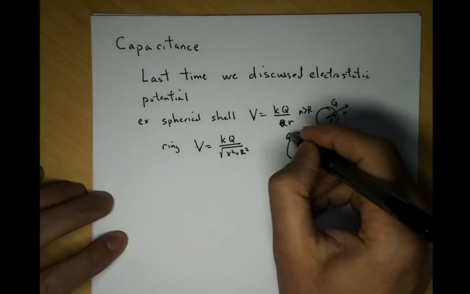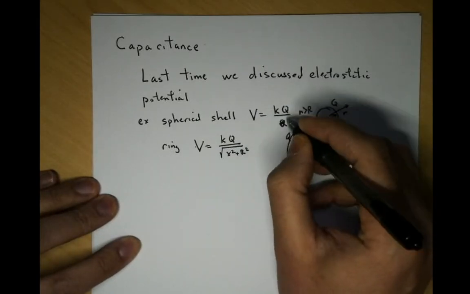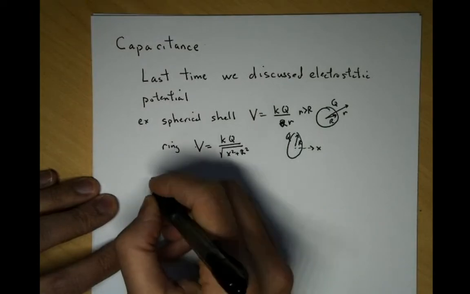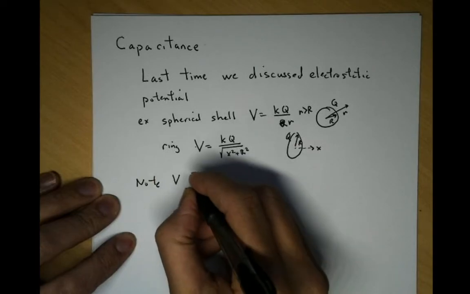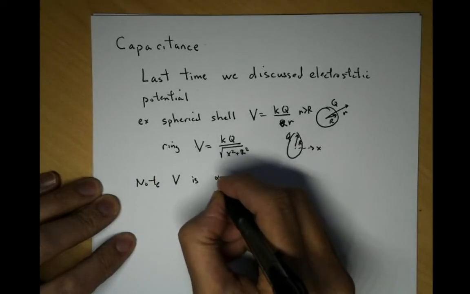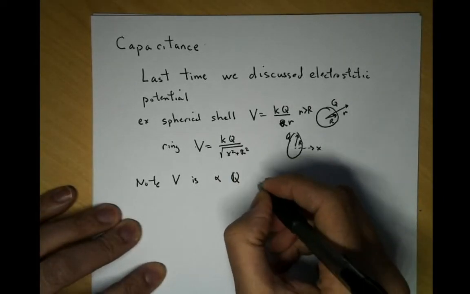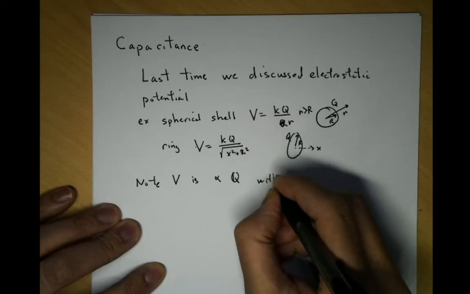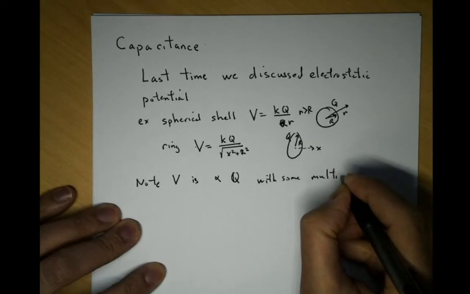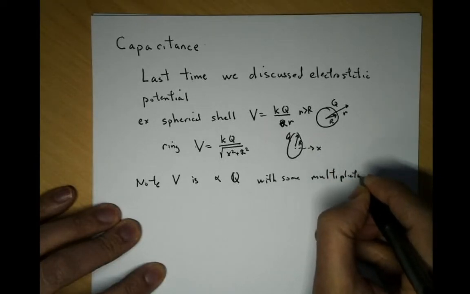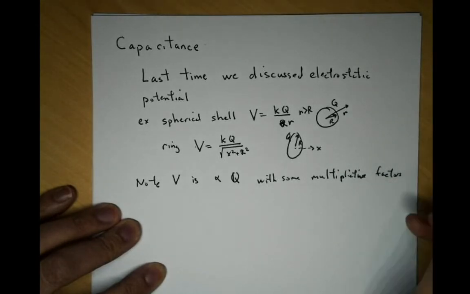Now, what you will notice is that V is going to be related to Q with some multiplicative factors out front. So we note V is proportional to Q. Now these factors are not always easy.